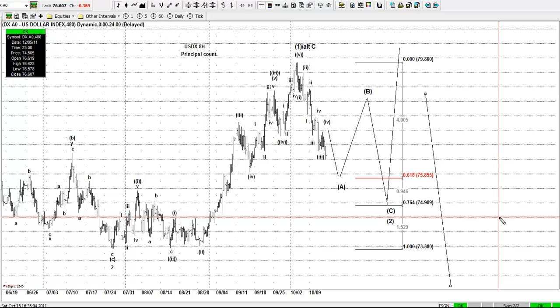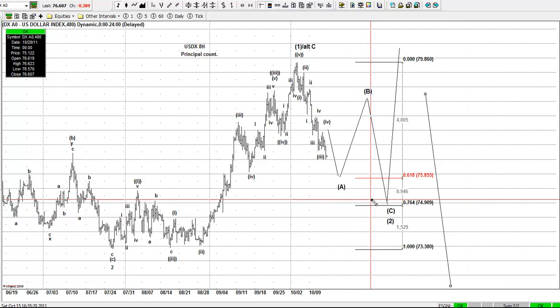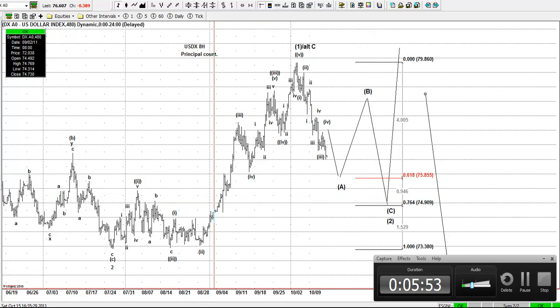You should try to sell the C wave when the C wave should take it lower. That's how you should trade it, guys. That's how you should trade the dollar.